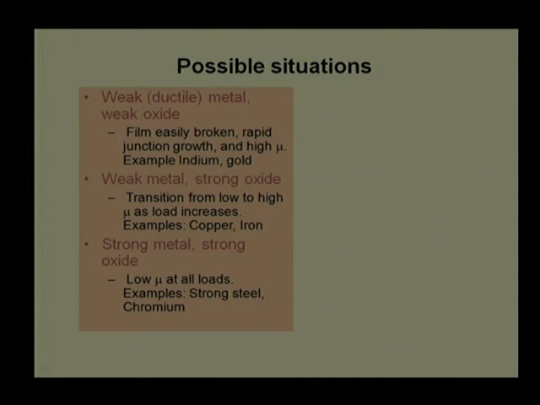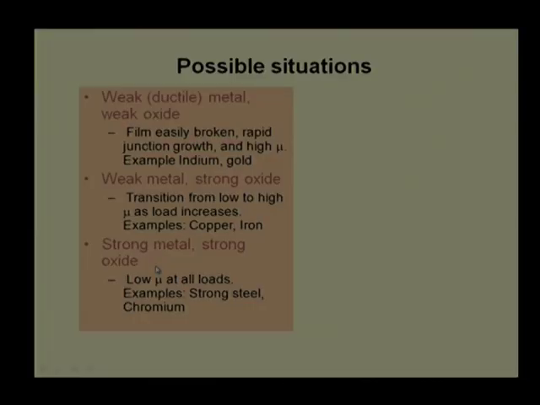We have found many times an oxide layer on iron, and if it is deformed excessively, it will be removed from the surface and the coefficient of friction will suddenly increase, what we term a transition load. And the last, which is the most favorable, is a strong metal and a strong oxide. Both the surface as well as the oxide layer are firmly attached.